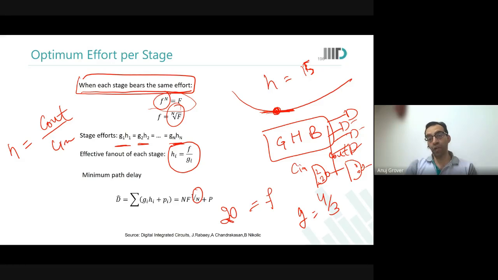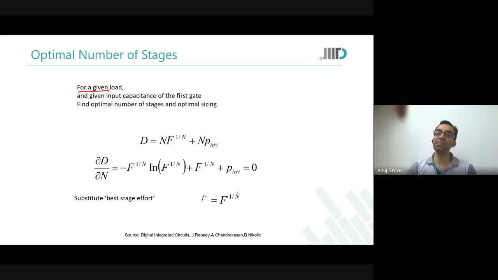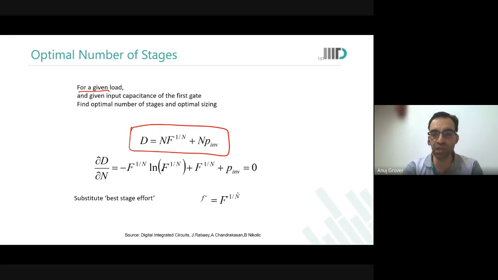Now, there could be cases where you do not really know how many stages there are, or how many stages to put. In that case, we just keep this equation there: the total delay is the number of stages into F raised to power 1 by n, because that is the effort of every stage, plus n into p inverter.